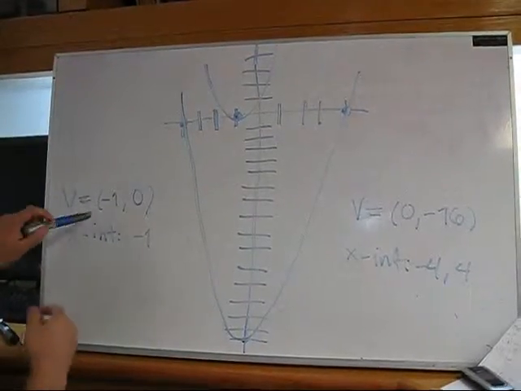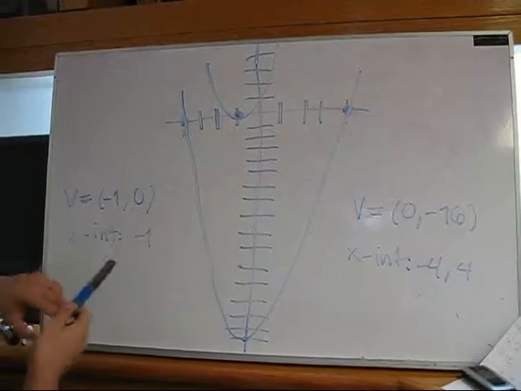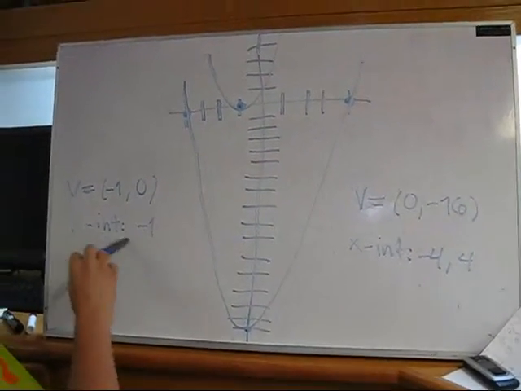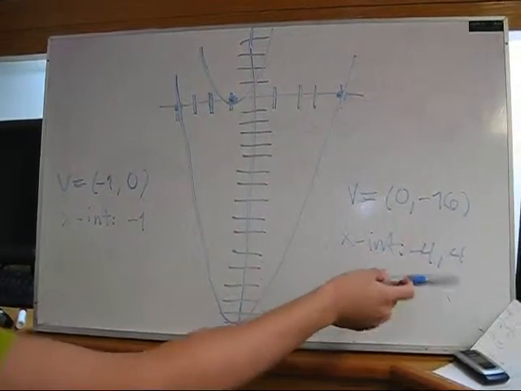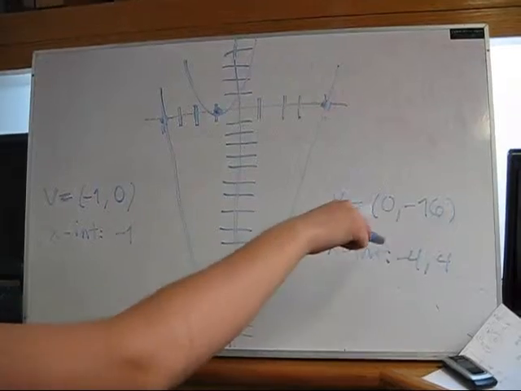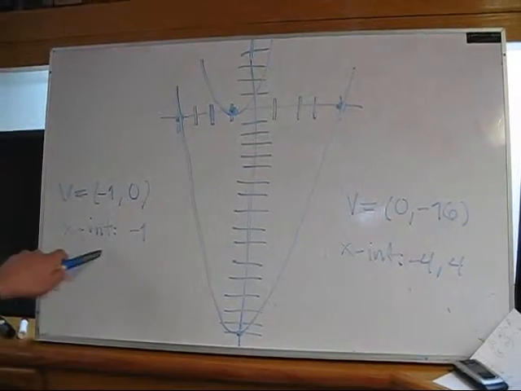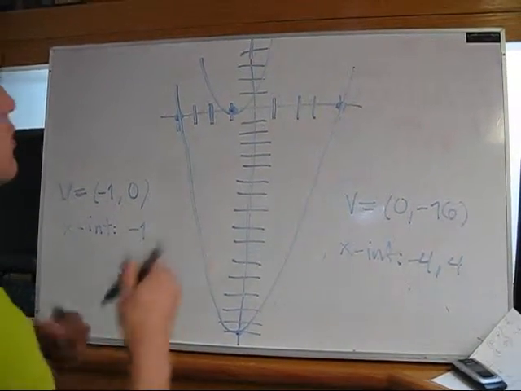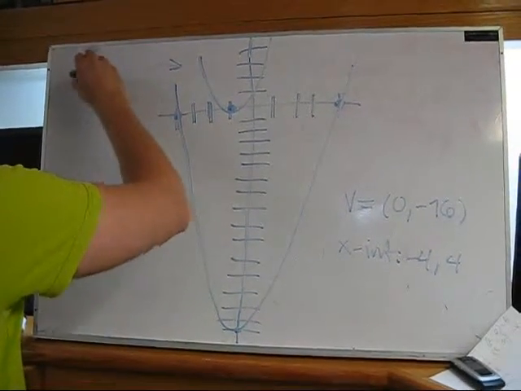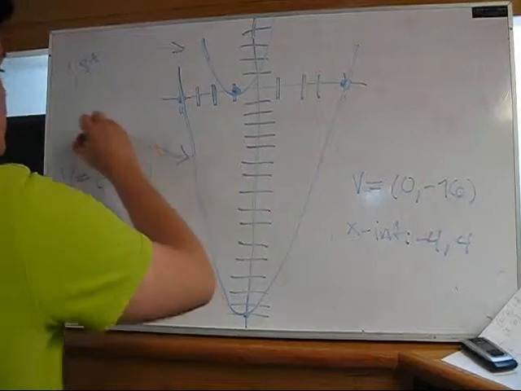You have the vertex equal to negative 1 comma 0 for the first equation, and 0 comma negative 16 for the second one. The x-intercept of the first one is negative 1, and for the second equation negative 4 and 4. First you have to plot the x-intercepts. This parabola is for the first equation, and this one is for the second.